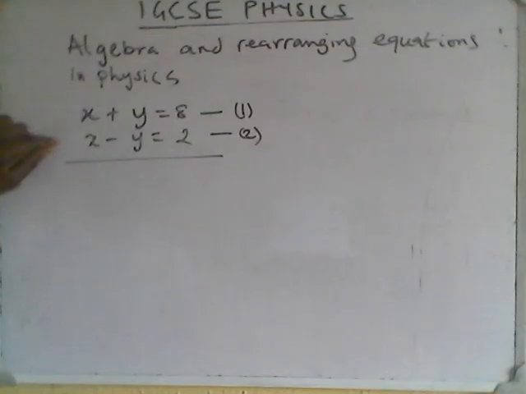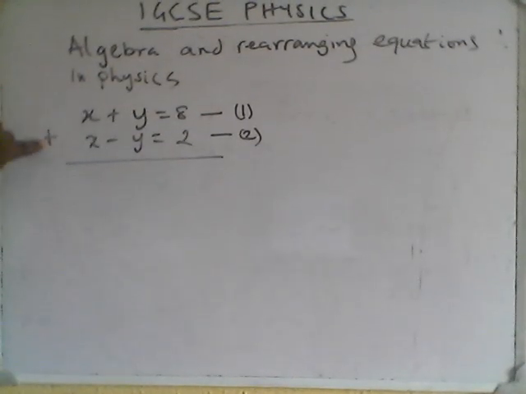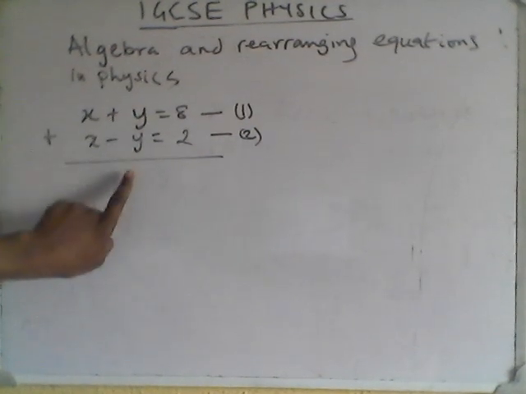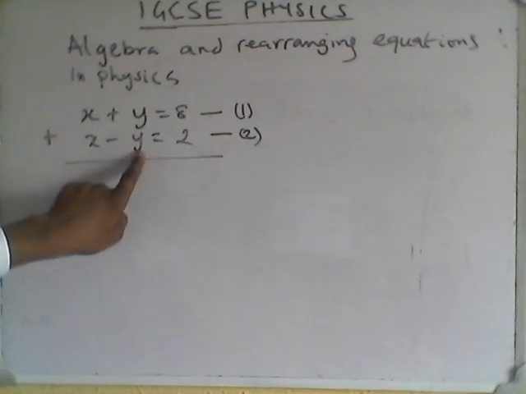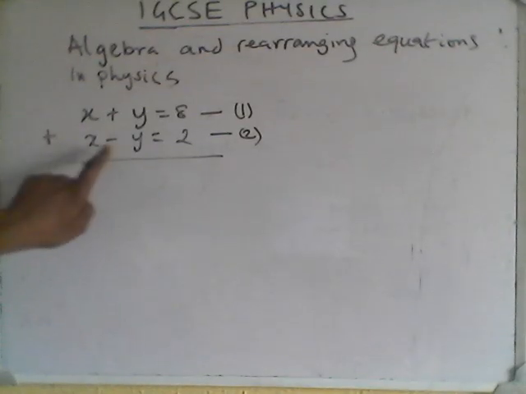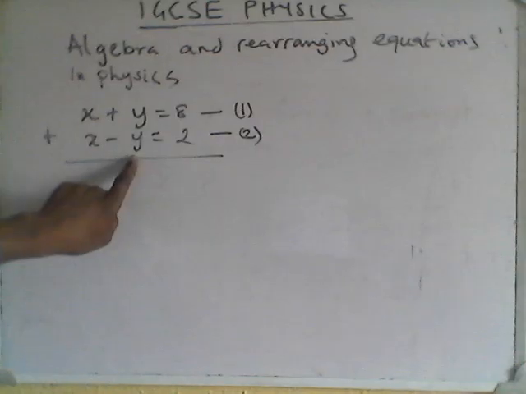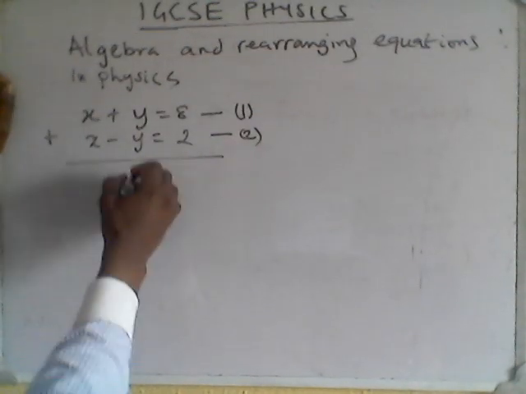So if I add the two equations together, I'm introducing this operation, addition. If I do that, plus 1y plus minus 1y is the same thing as saying y minus y. So this neutralizes and becomes 0.